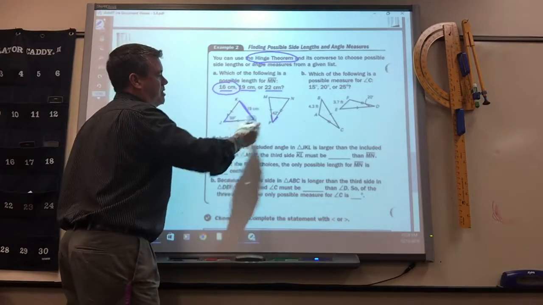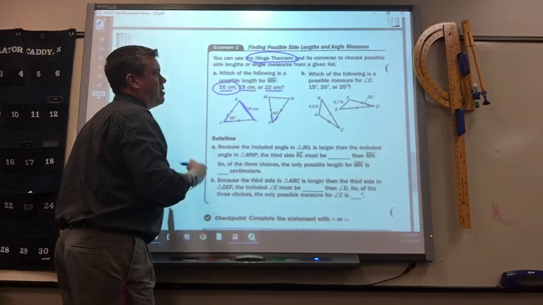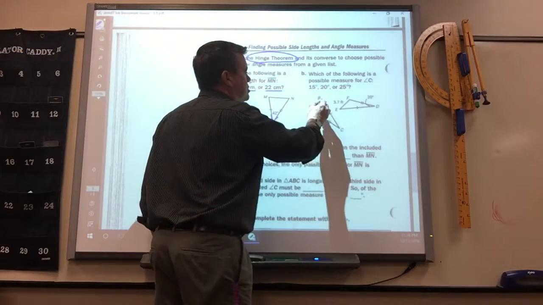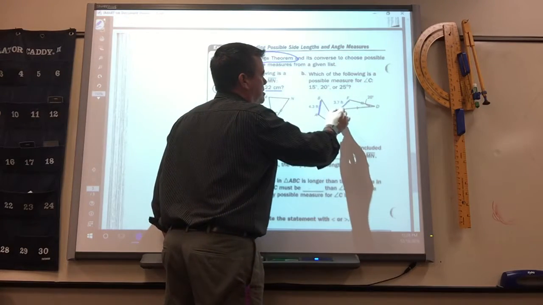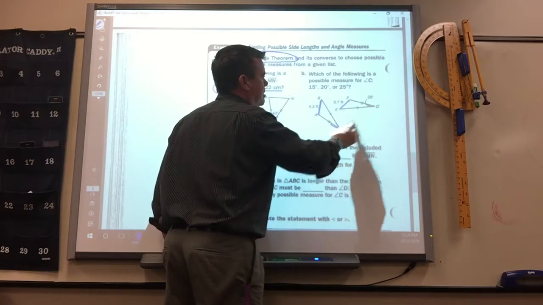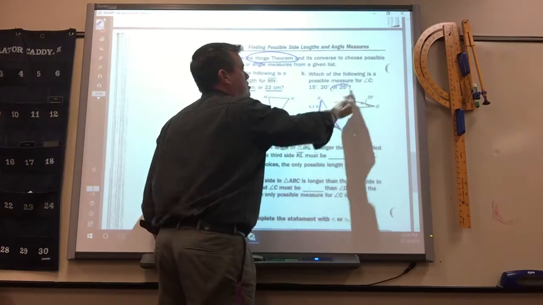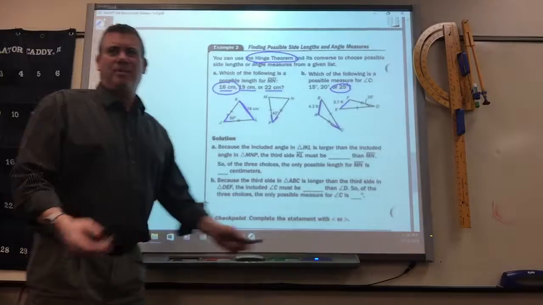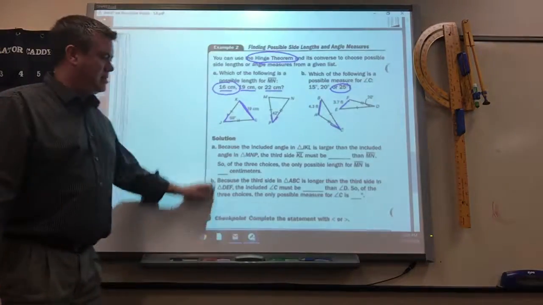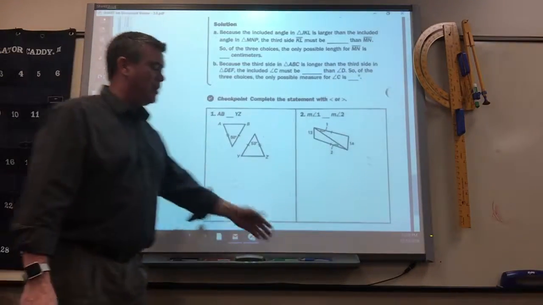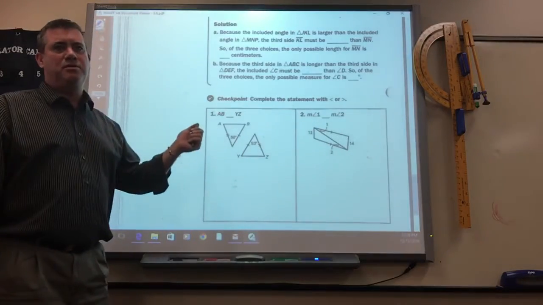Because 19 means they'd be the same angle, 22 means it'd be bigger. This is 4.3 and this is 3.7, this angle has to be bigger than 20, so it's 25. Okay? Pretty easy.